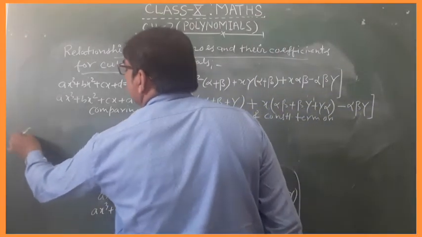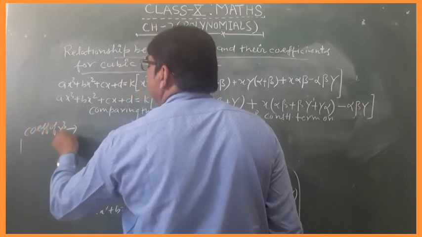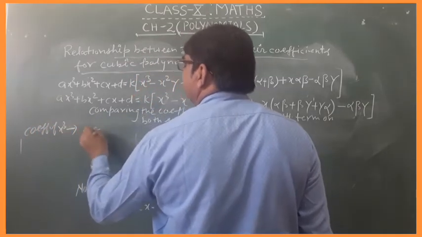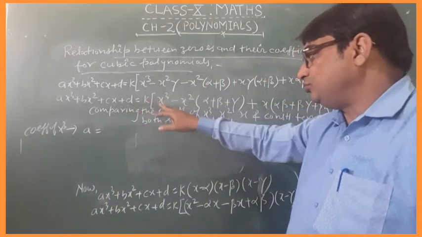Coefficient of x³ from LHS is a, and from RHS k into x³, so this is k.